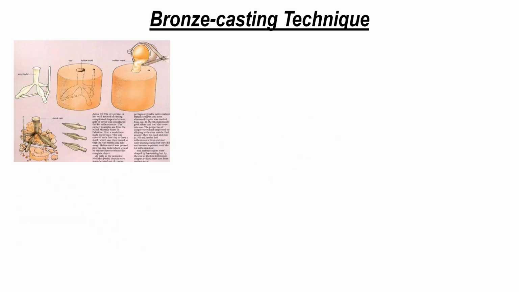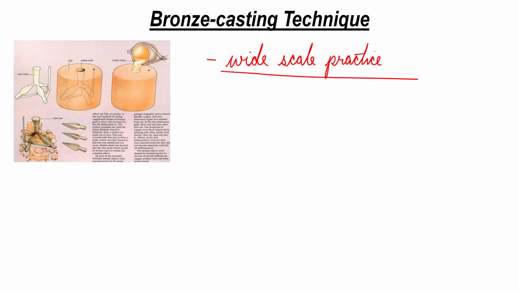Now we will see what is bronze casting technique. I have already told you that we will discuss this later. So this was a wide scale practice. So it was a practice which was very much done in Indus Valley Civilization.